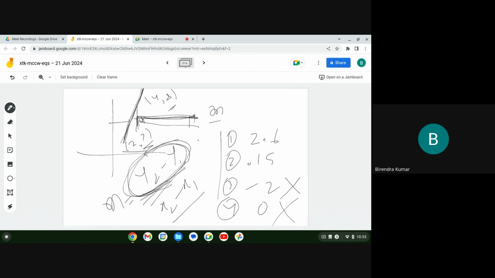X changed from 2 to 4, y changed from 7 to 8. X is changing faster, meaning y is changing slower. So 8 minus 7 is 1, by 4 minus 2 is 2. This has to be less than 1. This option is also gone. And obviously this is not the right answer.